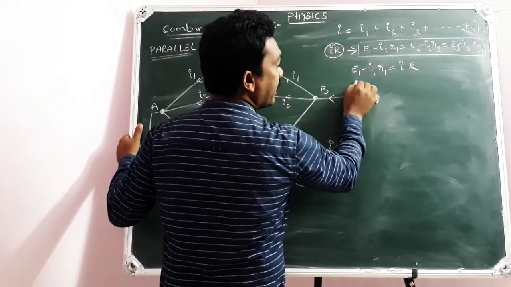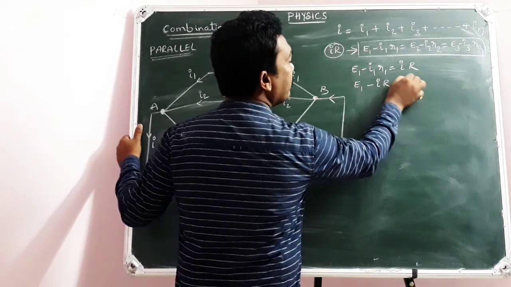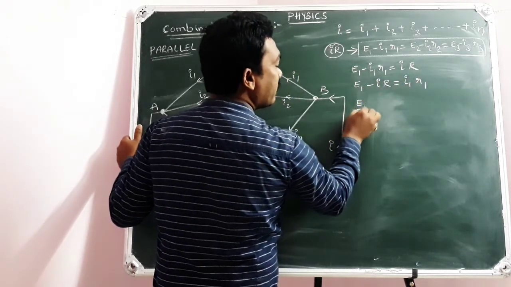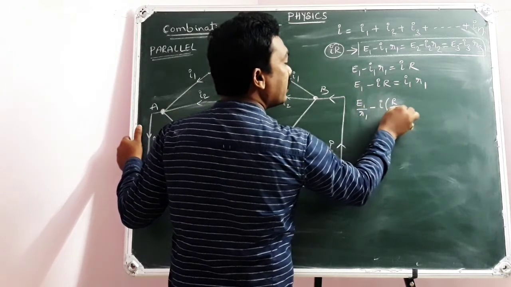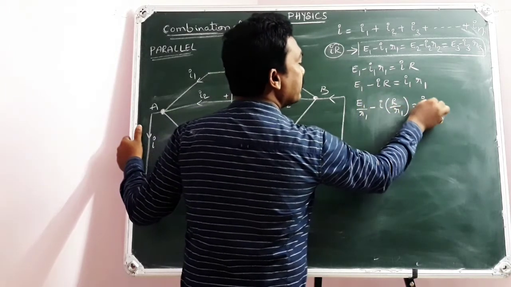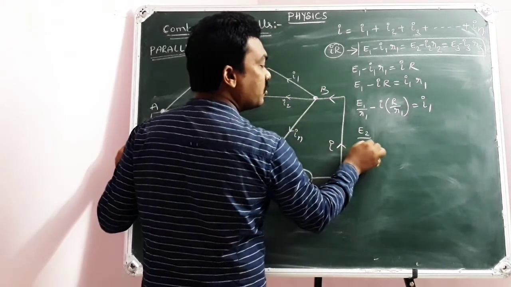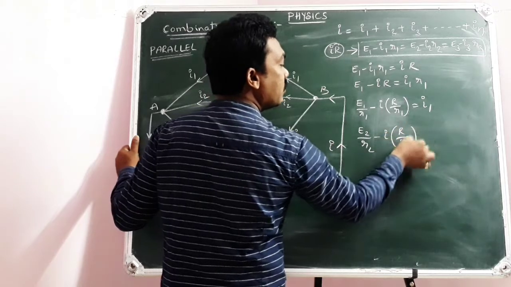then from this I can write E1 minus IR equal to I1 R1, so that E1 by R1 minus I into R by R1 equal to I1. Similarly, E2 by R2 minus I into R by R2 equal to I2.